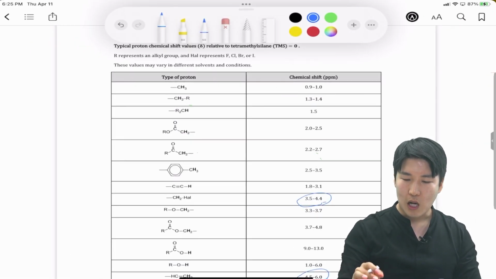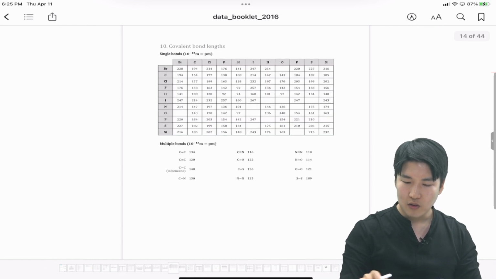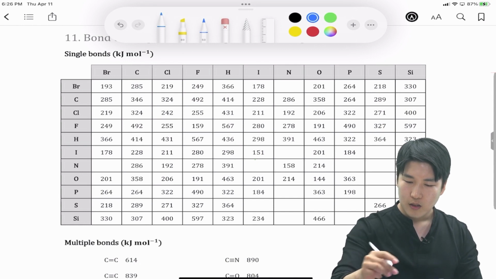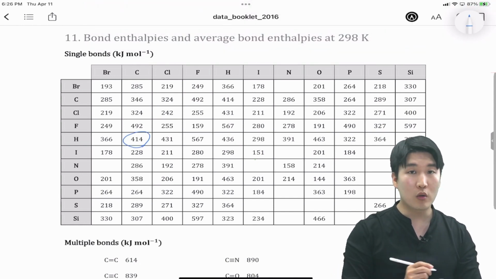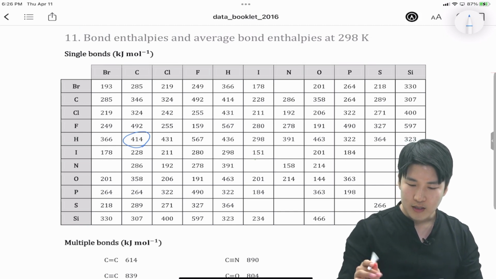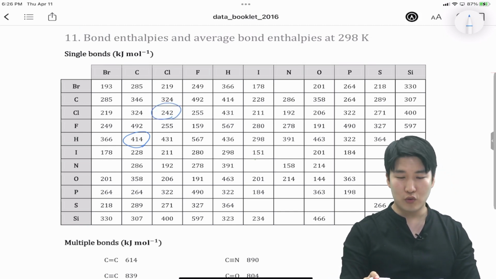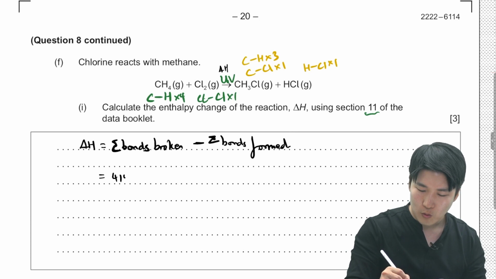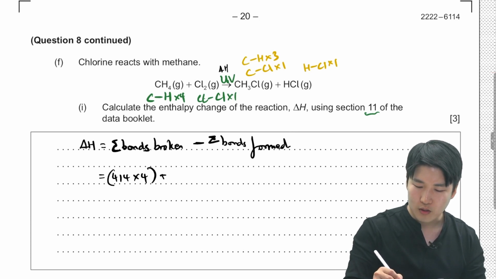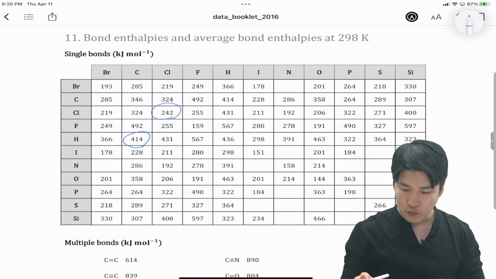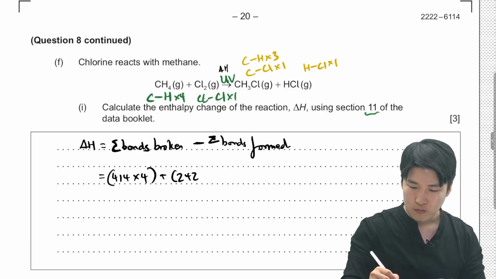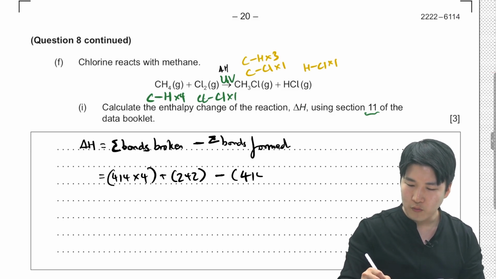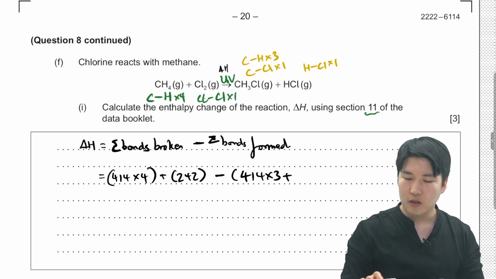Let's go to our section 11 to look at bond enthalpy values, starting off with CH having 414, ClCl having 242. So 414 times 4 plus 242, nice numbers, take away 414 times 3 plus CCl.